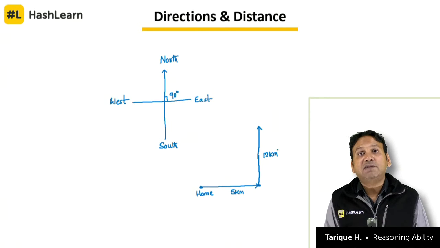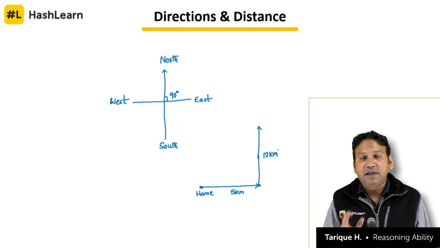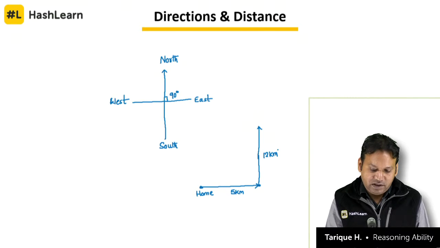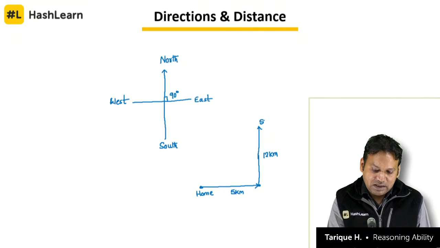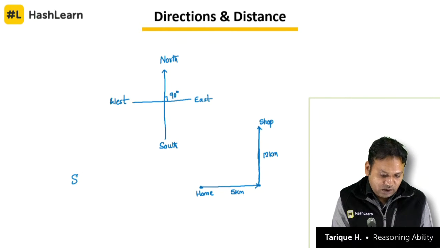The person starts from his home, goes 5 kilometers towards east, and then he takes a left turn and walks 12 kilometers and reaches a particular place. Let's call this place a shop. He reaches a shop. Now the question is, what is the shortest distance? Some questions are based on finding the shortest distance.